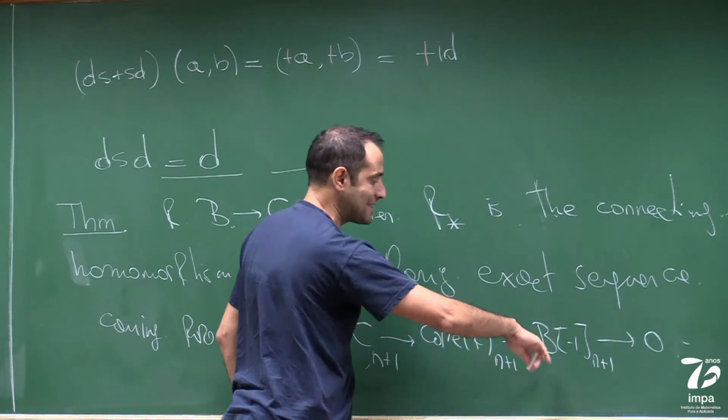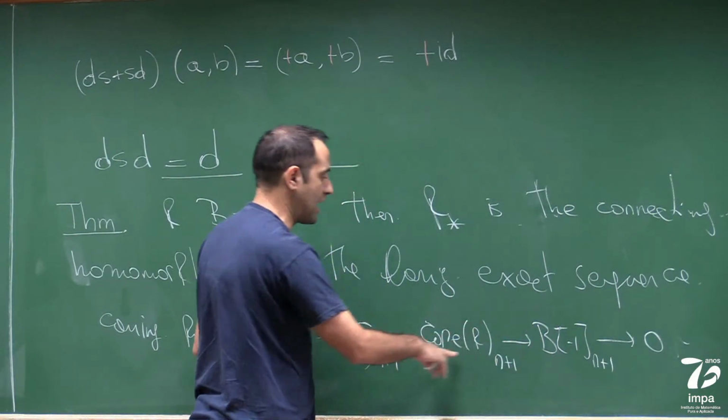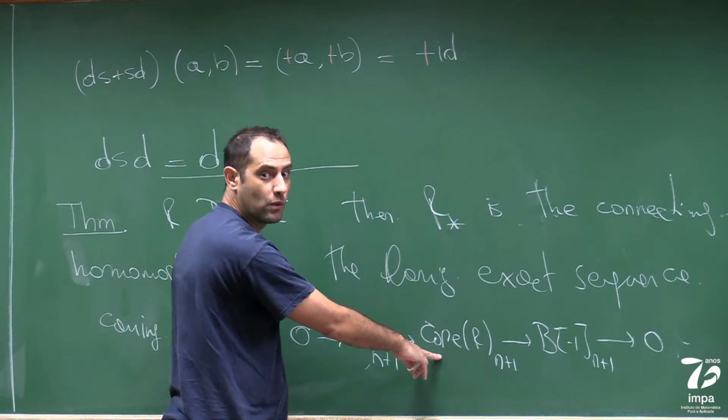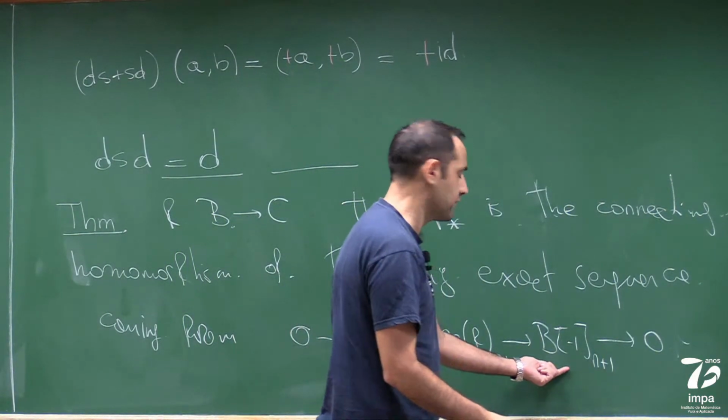I'm going to grab a class in the n plus 1 homology of this, and I'm going to lift it by the map of the cone that I have. So the rule was always the same.